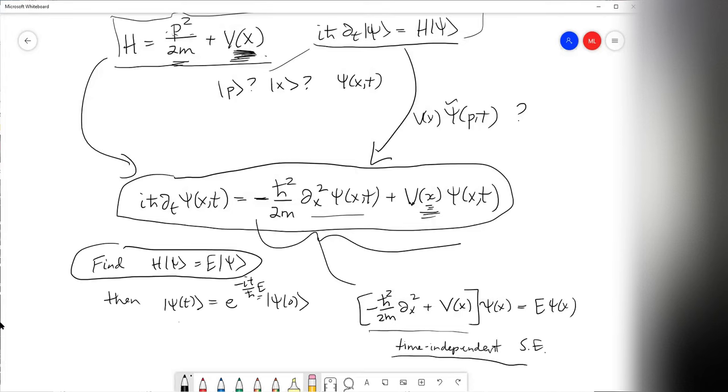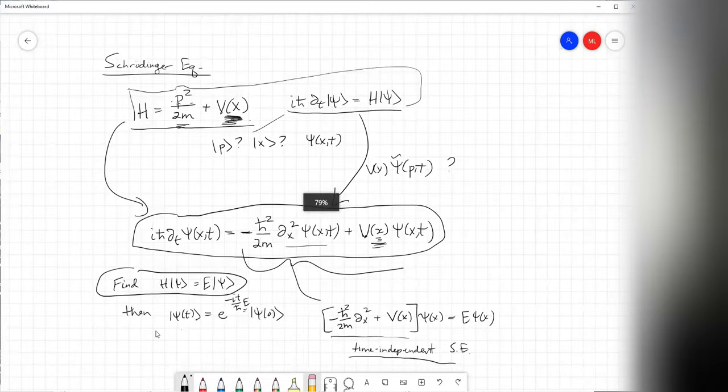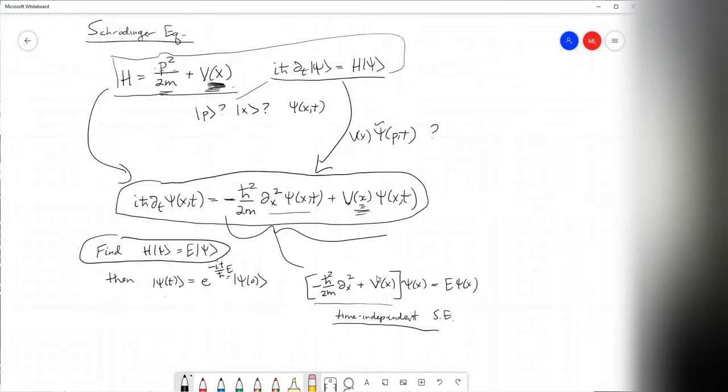So we'll spend some time doing that for various problems. We'll look at a particle in a well and things like that. In undergrad, you spend a lot of time thinking about different shapes for the potential.